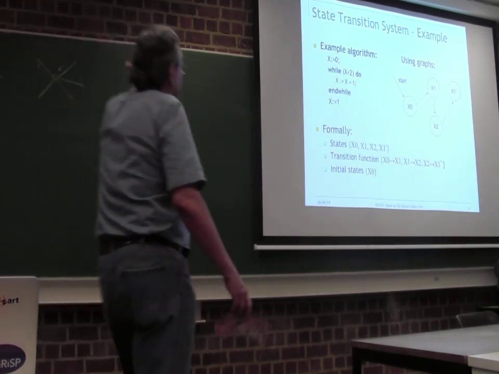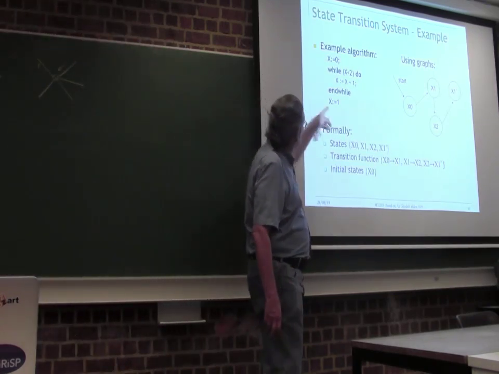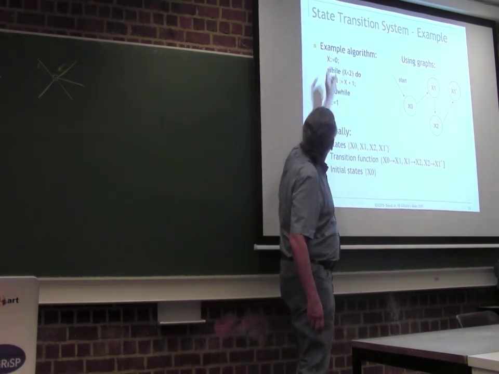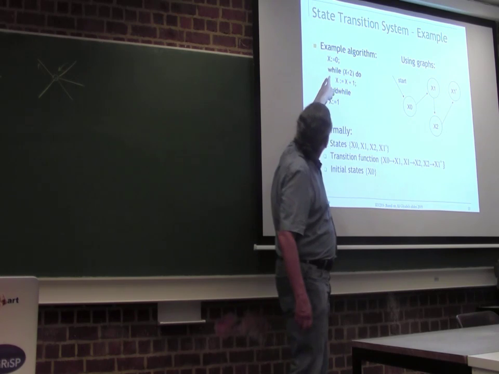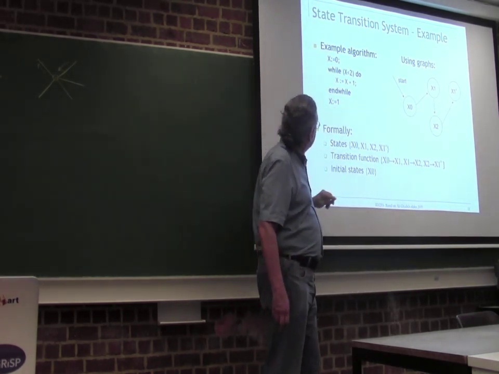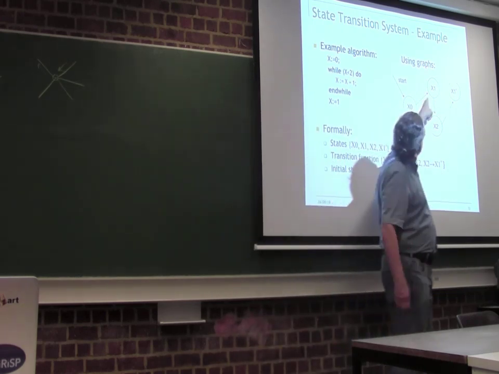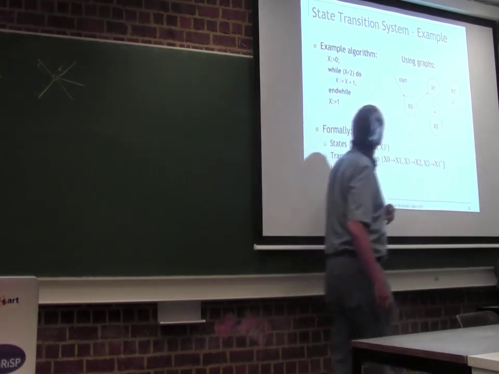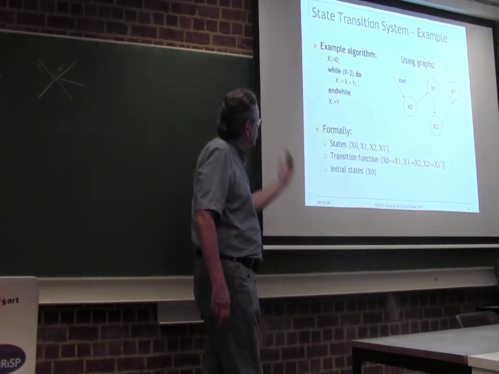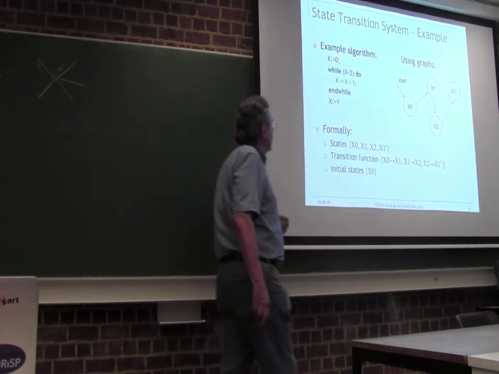Here's an example of a state transition system corresponding to a little program. x is a variable, and the program increments x: x is x plus 1, and then x is set back to 1. And so we have states here, which are the values of x. As the system executes, each execution step goes from one state to the next.